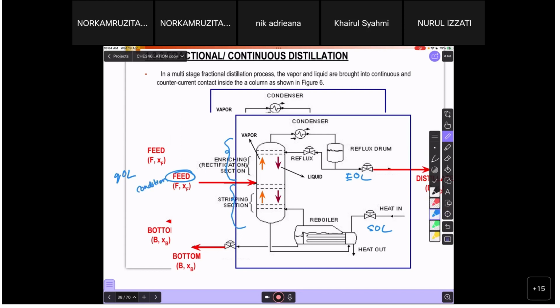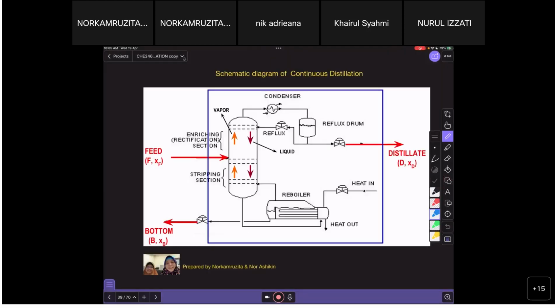For EOL, we are talking about reflux ratio. And for SOL, we are talking about vapor over liquid.